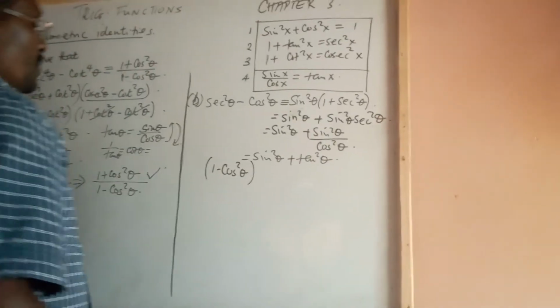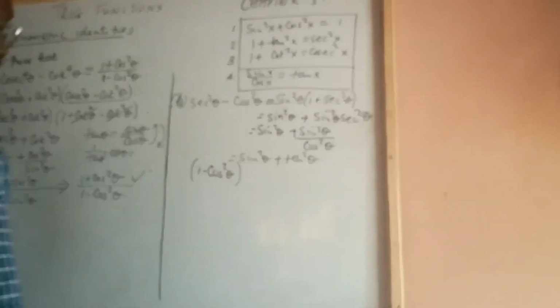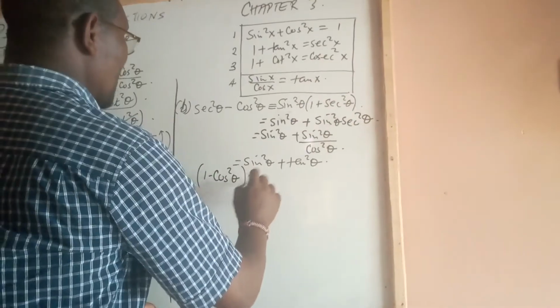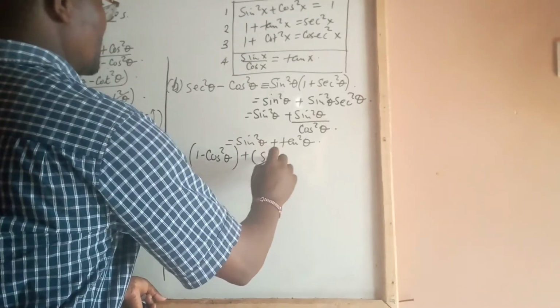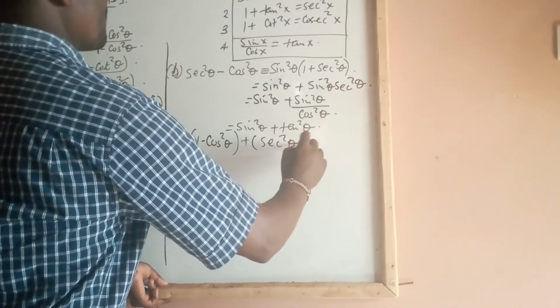That is just what we bring on board. So, plus another bracket, sec squared theta minus 1.